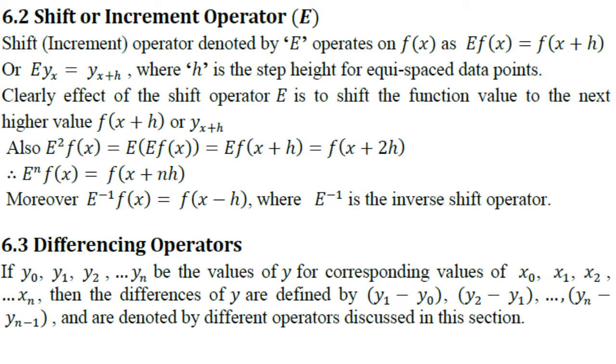Of course, we will discuss the cases when the data points are at different locations and h is different. But anyway, let's first talk about the increment operator, that is E, which is mainly called the shift operator.